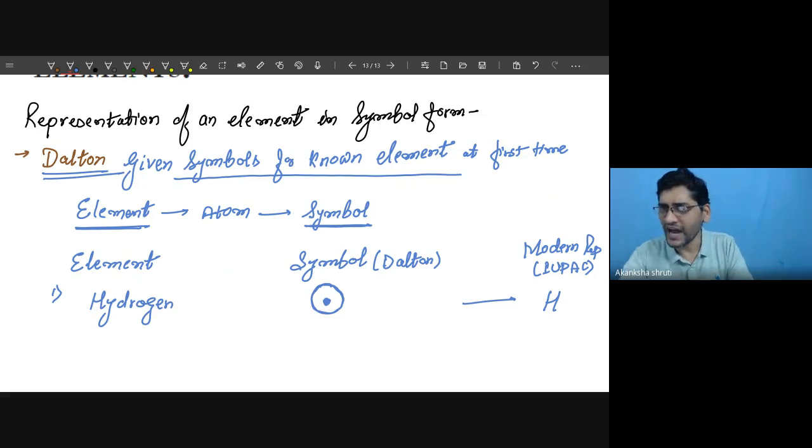The full form of IUPAC is International Union of Pure and Applied Chemistry. It is the general body or conference of the big scientists and chemists who decide the nomenclature of different compounds and elements. Many other functions are also there. So nowadays we denote it by H.